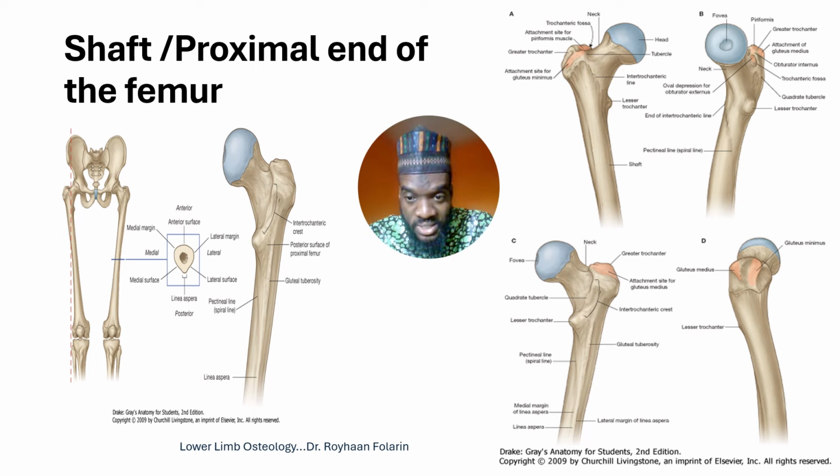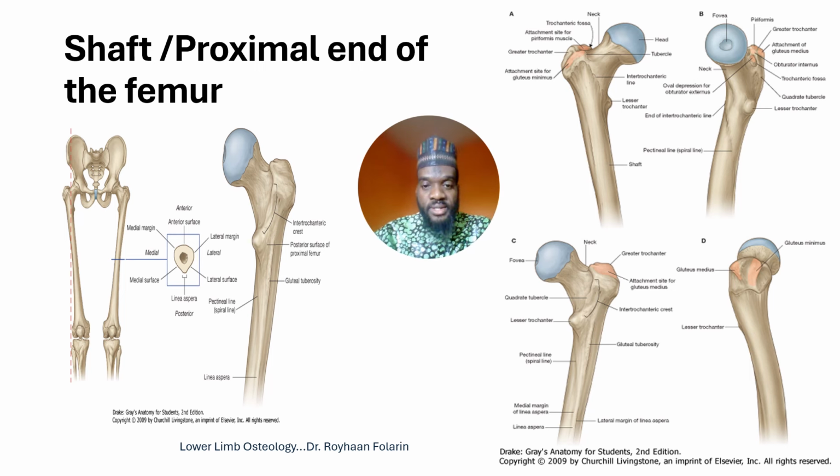So intertrochanteric crest is visible here again, the gluteal tuberosity as it branched out of the linea aspera, then the spiral line, and here, that quadrate tubercle is here again.